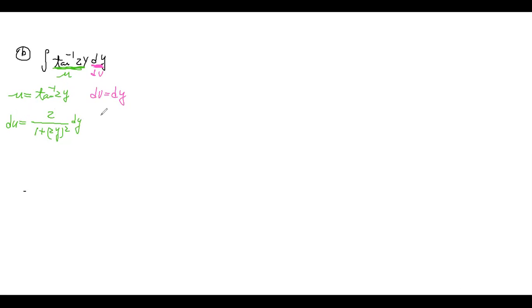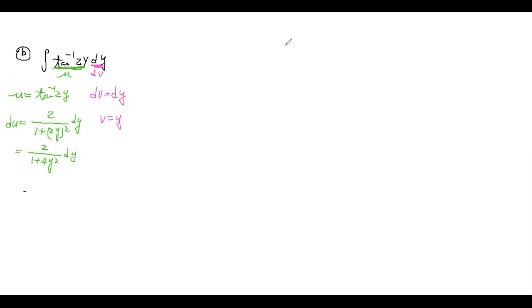And then here, v is equal to y. Let's simplify this a little bit. So this will be 2 over 1 plus 4y squared dy.